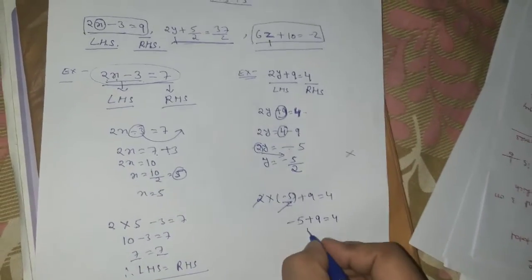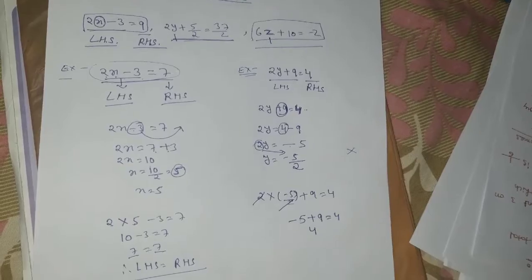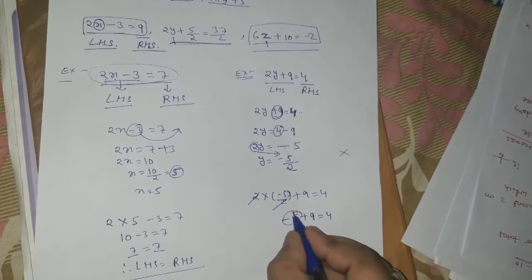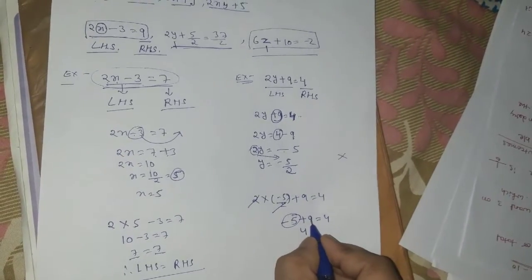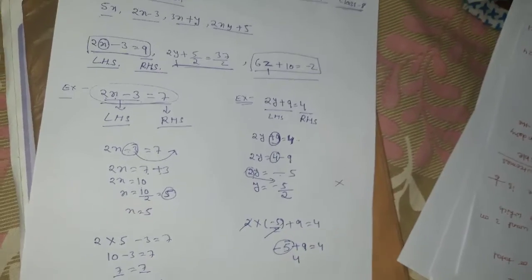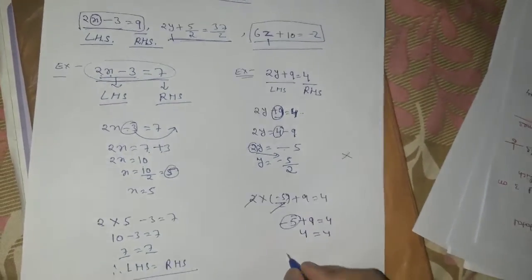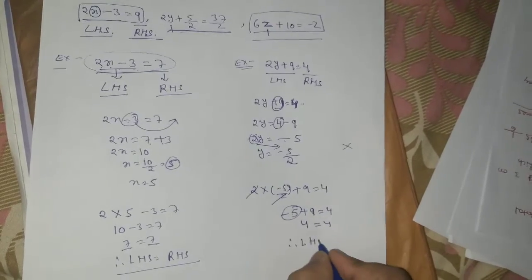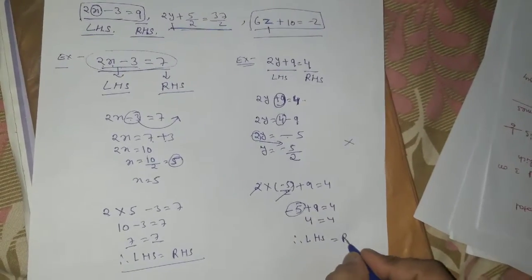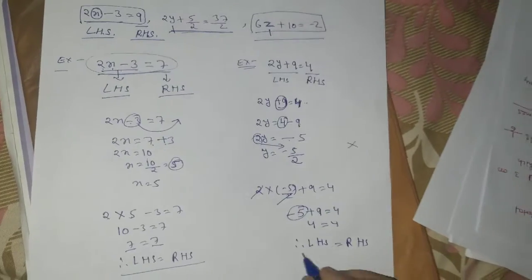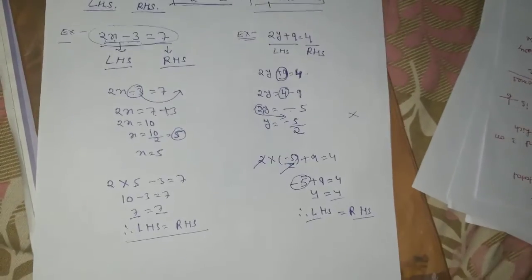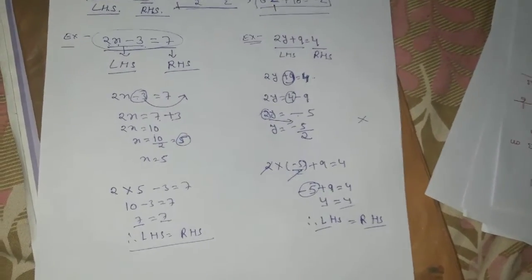Minus 5 plus 9 will be 4, because if 5 is subtracted from 9, it will be plus 4. So 4 equal to 4, therefore LHS equal to RHS. Both are equal. Clear?